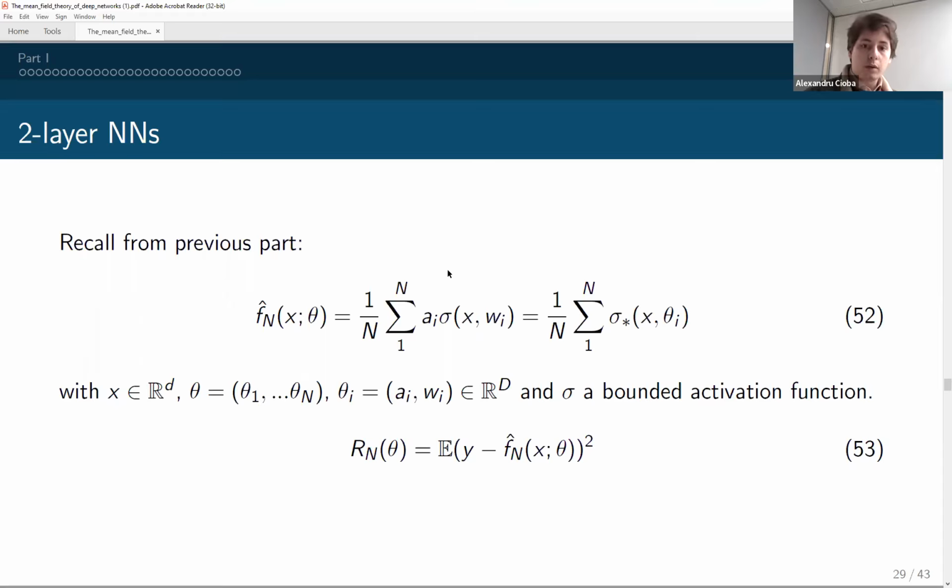Okay, so again, a quick recap from the previous part. We have a two-layer neural network, which is a sum over neurons and activation functions. Typically, we'll just subsume all of the weights into a single activation function that depends on the data and the weight vector theta i. The idea is that we have this sum over individual neurons, each given with an individual weight theta i.